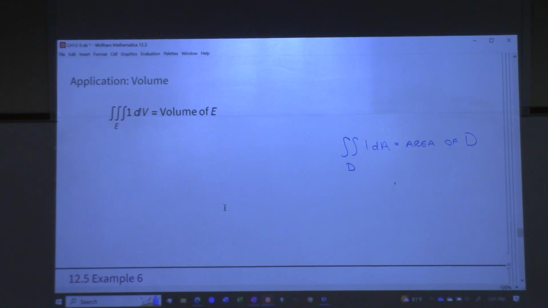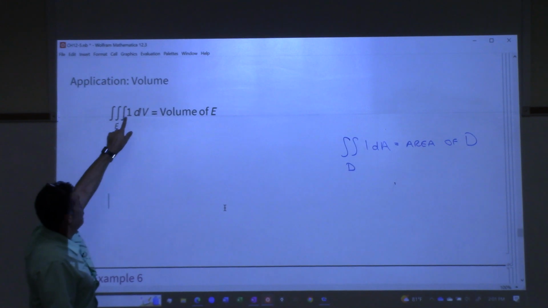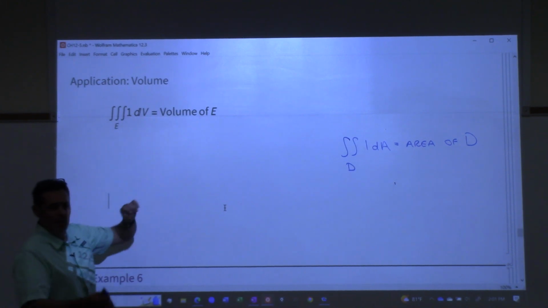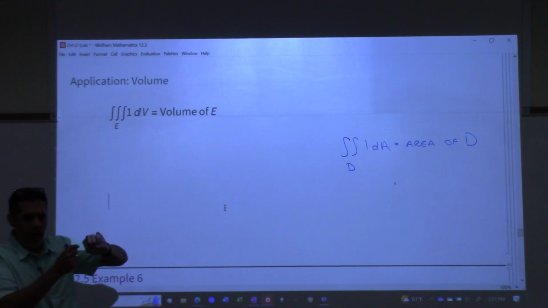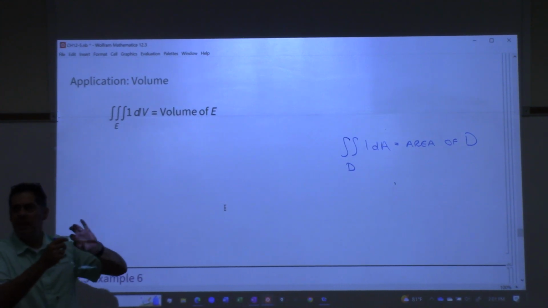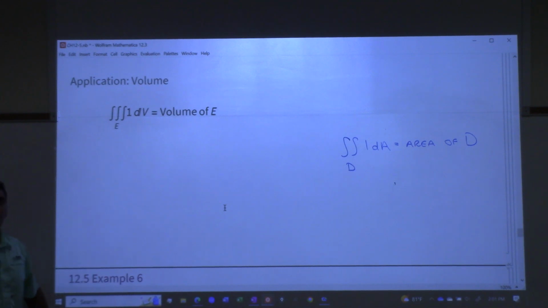This says that if you do the triple integral over E of 1 dV, that function in that other dimension is adding up all of the values.